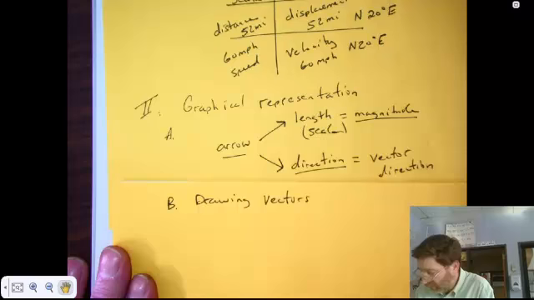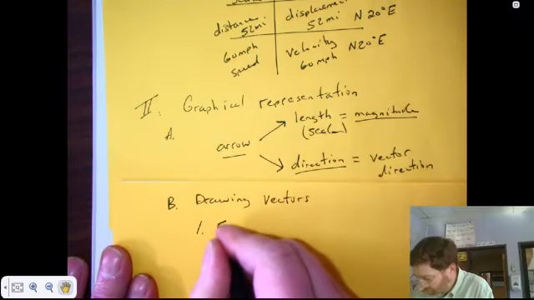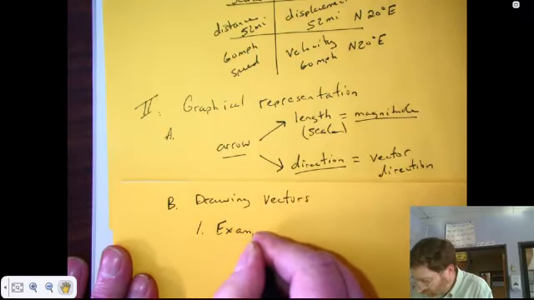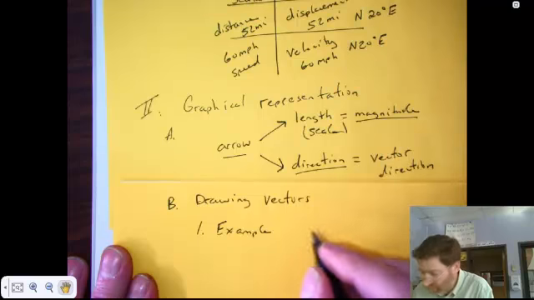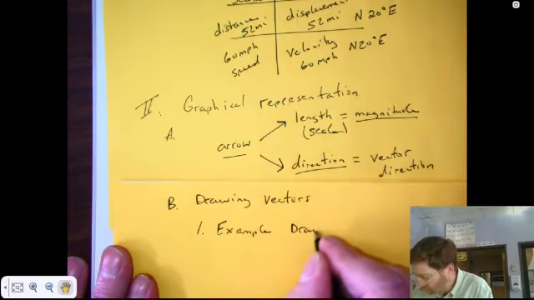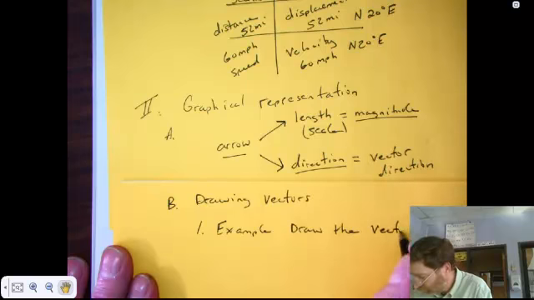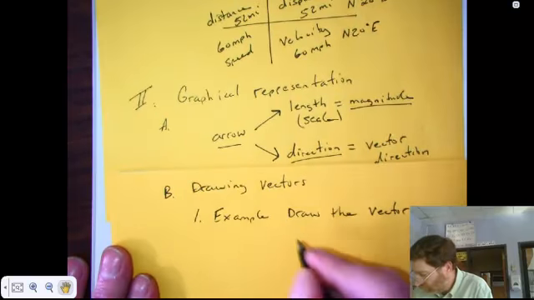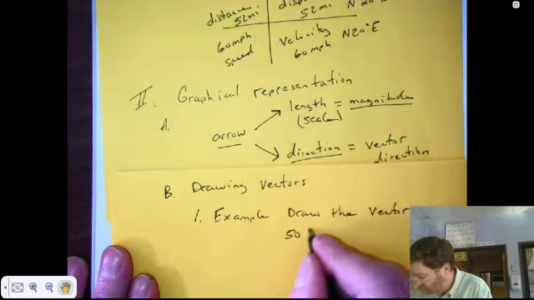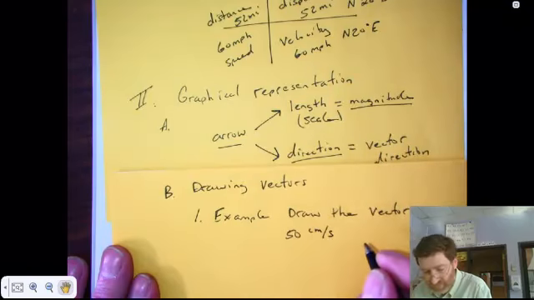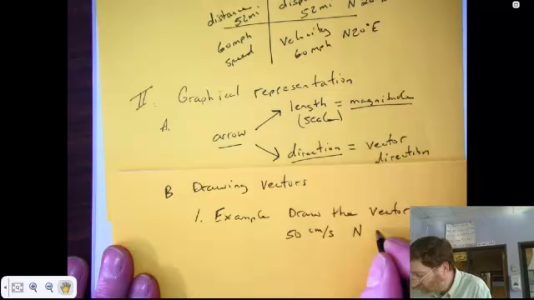So let's do an example here. I want to draw the vector (50 centimeters per second), so it's a velocity, north 30 degrees east.